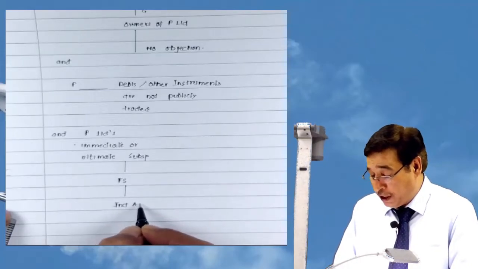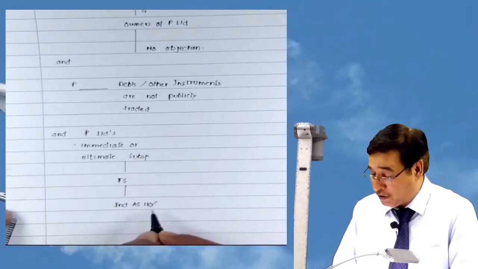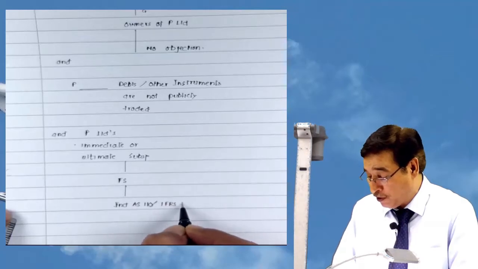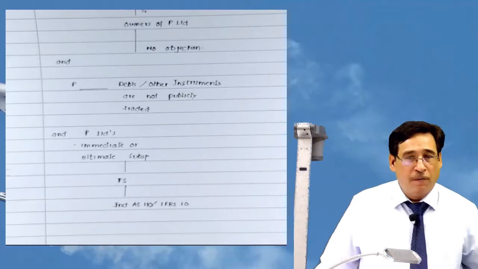Those financial statements have been prepared as per the provisions of Ind AS 110 or IFRS 10, because the class is also for international students. Then it will become an exception.